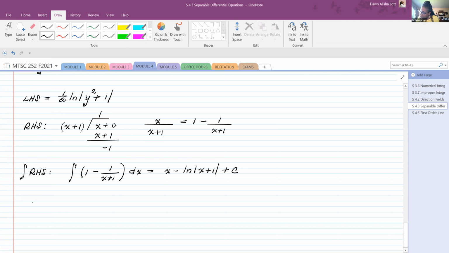So now I get 1/2 the natural log of y squared plus 1. Y squared plus 1 is positive, so I don't need absolute values. That is equal to x minus the natural log of the absolute value of x plus 1, plus a constant. And that is my answer.